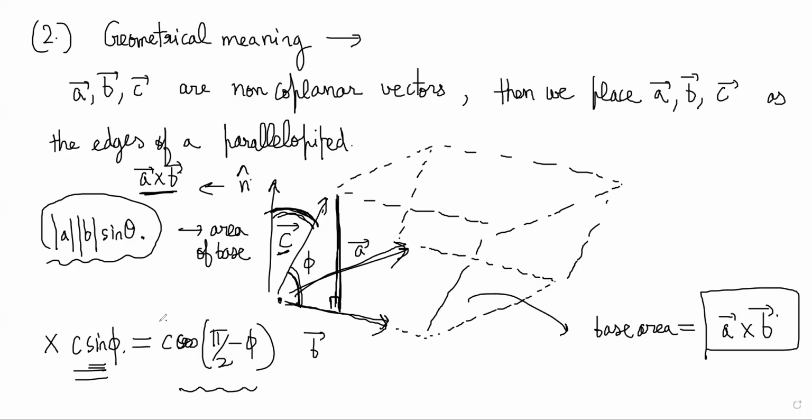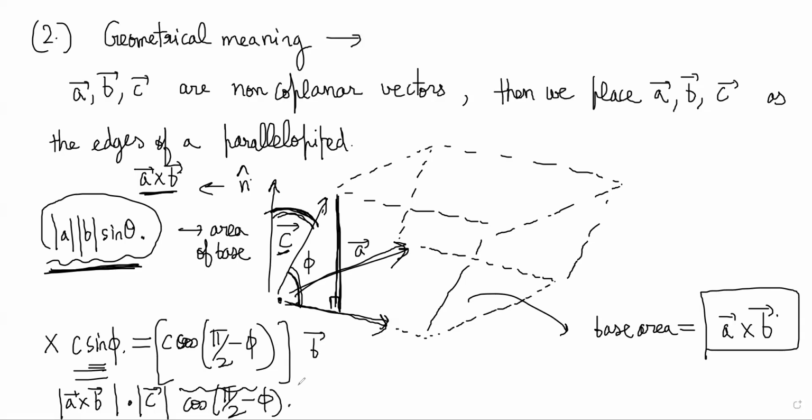So now what I need is this quantity, the magnitude of A cross B. So mod of A cross B multiplied by mod of C and cos of pi by 2 minus phi, where pi by 2 minus phi is the angle between A cross B and C vector. So obviously that should be A cross B dot product with C, right?